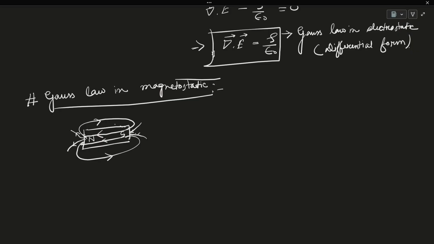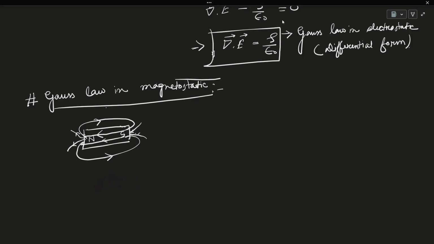Okay. So now what if we break the bar magnet in two halves? Let's say break it here. Then what will happen? Now there will be two halves. So this will be N, this will be S, this will be N, this will be S. These two will act as two different bar magnets.